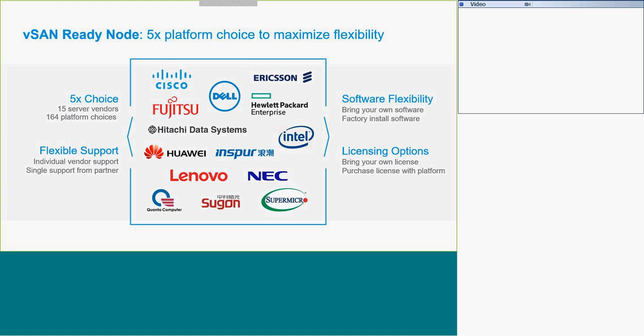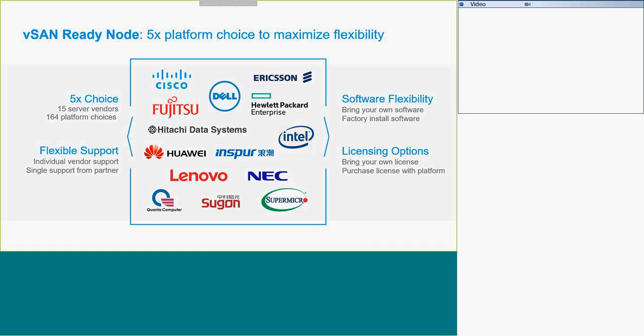There are vSAN Ready Nodes, which are nodes that have been certified for vSAN. That really means that you buy them from the listing on the VMware HCL or VMware Compatibility Guide that states the actual combination of a given server, storage, and additional hardware components.